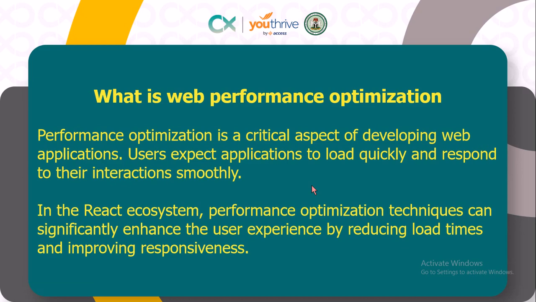In the React ecosystem, performance optimization techniques can significantly enhance the user experience by reducing load times and improving responsiveness. This being said, that means a website is optimized if it does not lag and if the user finds it easy and fast to use.